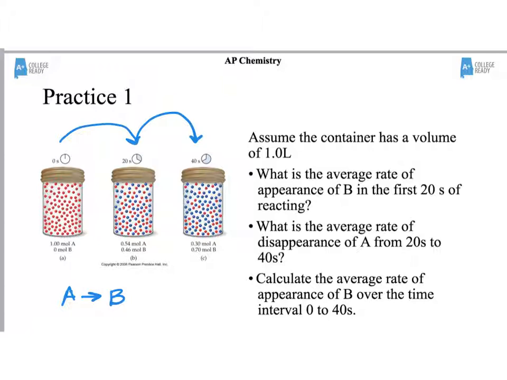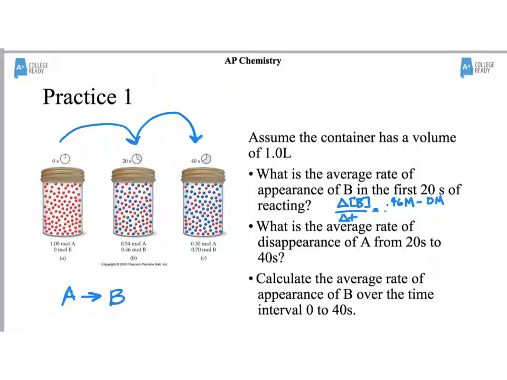It's final minus initial, over the change in time. What was the final concentration of B? Well, it's 0.46 moles in 1 liter, so that would be 0.46 molar minus what it was initially, which was 0 molar.